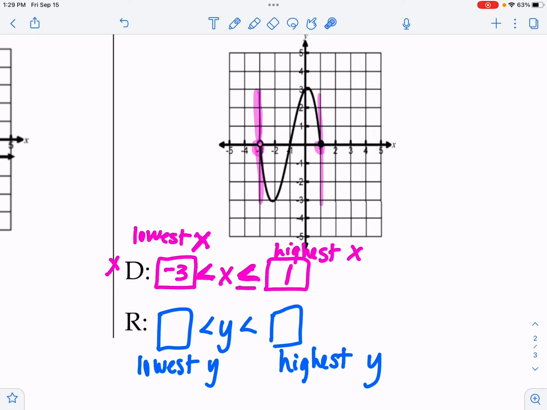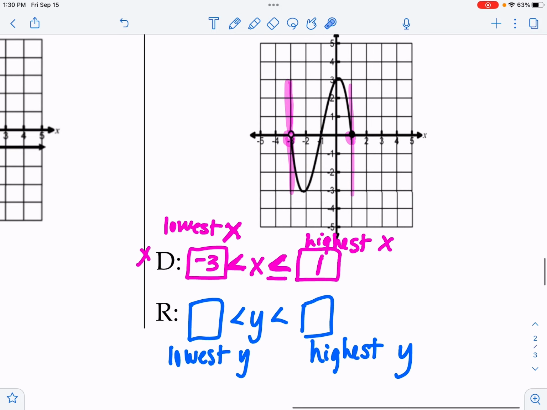And so what a lot of students get confused about is if there's not an open circle, it's automatically a closed circle. So we could put closed circles here, here, here, here. And so just be careful for the open circles. As long as it's not open, you can draw the line. So that comes up on the range.